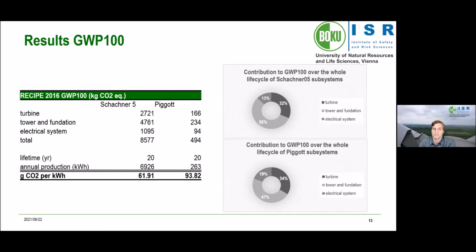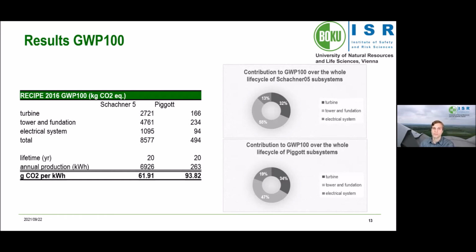And considering that the Piggott turbine has very low transport distances, has quite a lot of wooden parts and so on, this was really surprising for us, but the annual production was just so low that this is a driver for the CO2 per kilowatt hour. We have to say here, if we had it at a similar site like the Schaffner, it would probably lead to similar results.